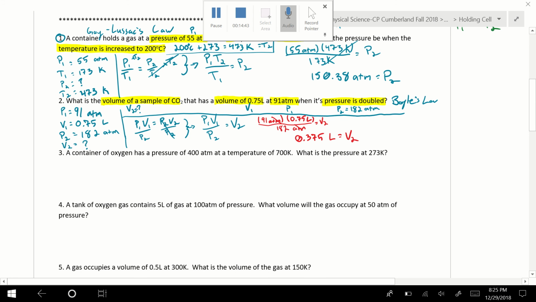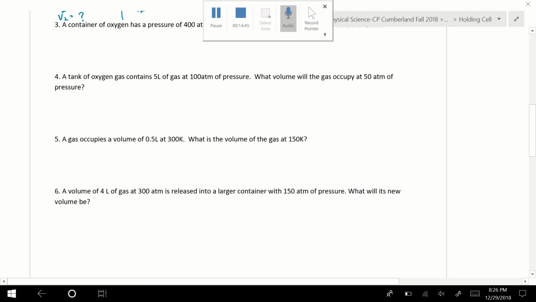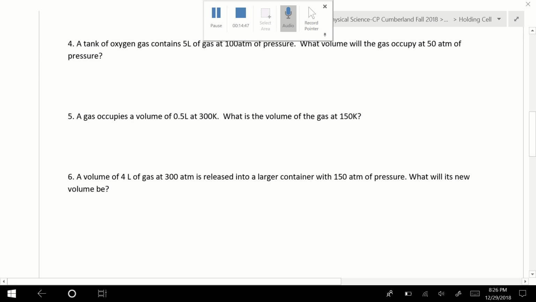All right, let's check out one more that will match up with Charles' law. Spoiler alert. So we have volume, we have temperature. We know the volume is at a lower temperature.